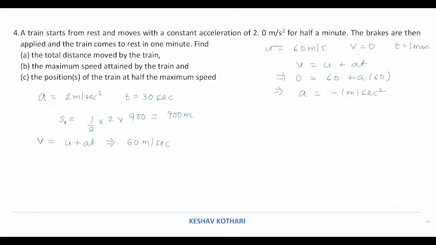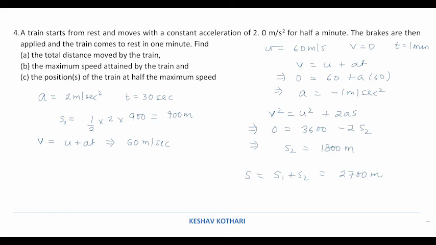So after brakes are applied, the distance covered can be evaluated as v square equals u square plus 2as, S2, and S2 is equal to 1800 meter. So the total distance covered can be written as S1 plus S2, that is equal to 2700 meters.